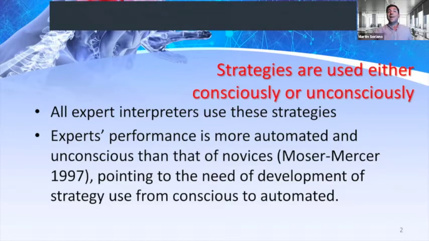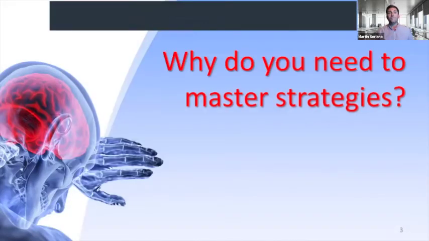It is found that experts' performance is more automatic than that of novices or students. Okay, so Barbara's work has been the source of inspiration for many researchers, pointing to the need for development of strategy use from conscious to automated.